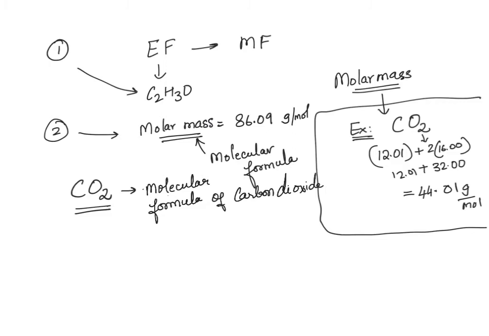Now remember, this is also the empirical formula because you can't get any simpler than this, right? If you divide this by 2, you will get C 0.5 and O 1. So this is not a simple ratio, right? So the molecular formula can be equal to the empirical formula, or sometimes it may not be equal. So in our case, I'm just going to write this one more time. The empirical formula is C2H3O.